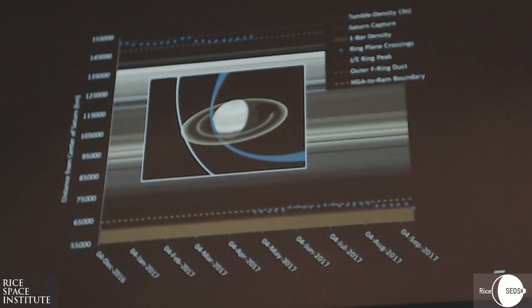And as you can see, that red line is the peak of the dust area of the Janus Epimetheus ring. Okay? And then below that, we found that the extended F ring also had a significant amount of dust. And so that enabled us to carefully select the location between them to fly our spacecraft through.